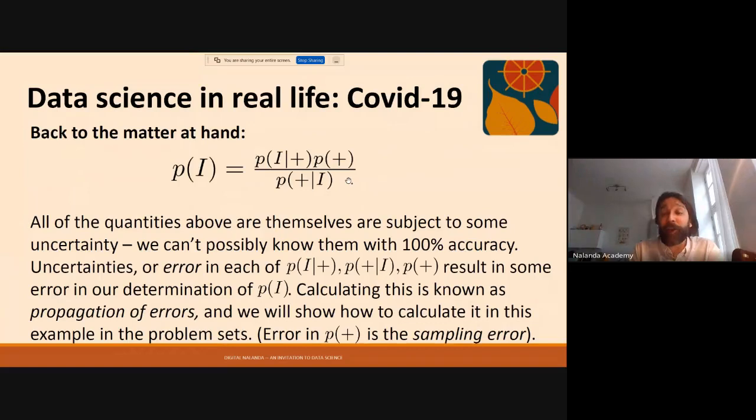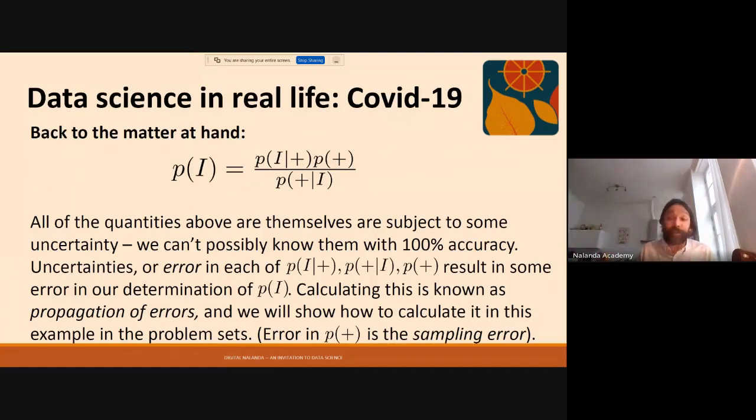And so the error, if you like, in the fraction of positive people is really just a sampling error. Okay, so if I only did 100 tests, and I determined that, let's say, 50% of that fraction is positive, what is the error? What is the deviation from that fraction of the number of infected people compared to the full population? So that's a sampling error. So for a small sample, that sampling error is going to be big.